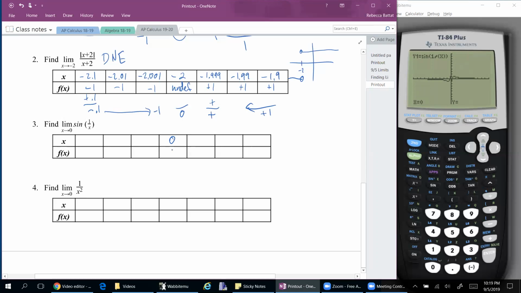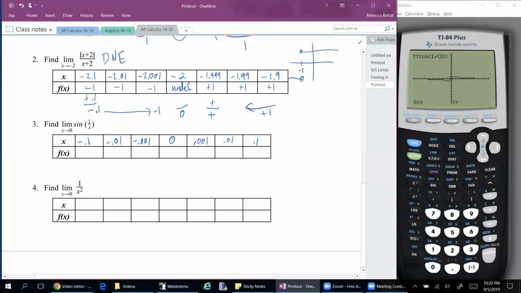A number slightly bigger than 0 is 0.001, 0.01 and 0.1. A number slightly smaller than 0 has to be negative: negative 0.001, negative 0.01, negative 0.1.